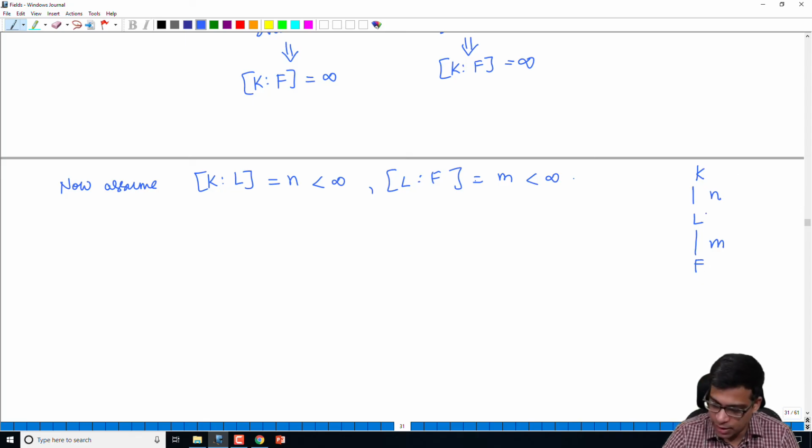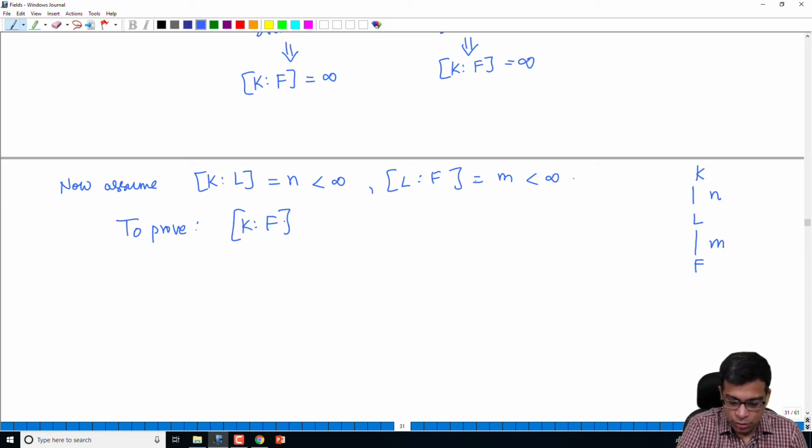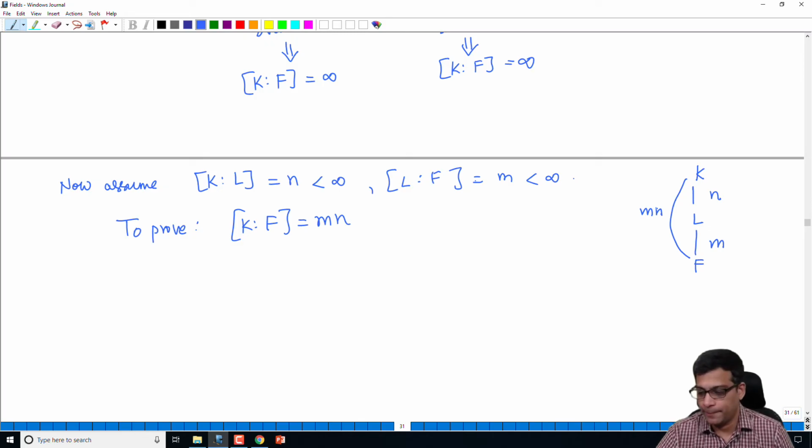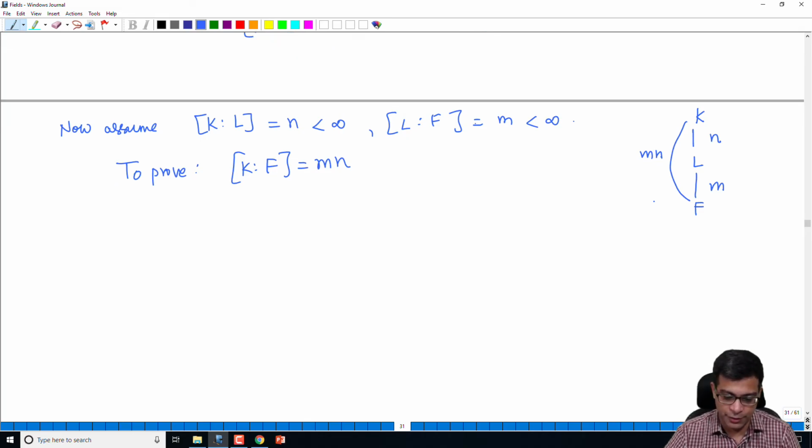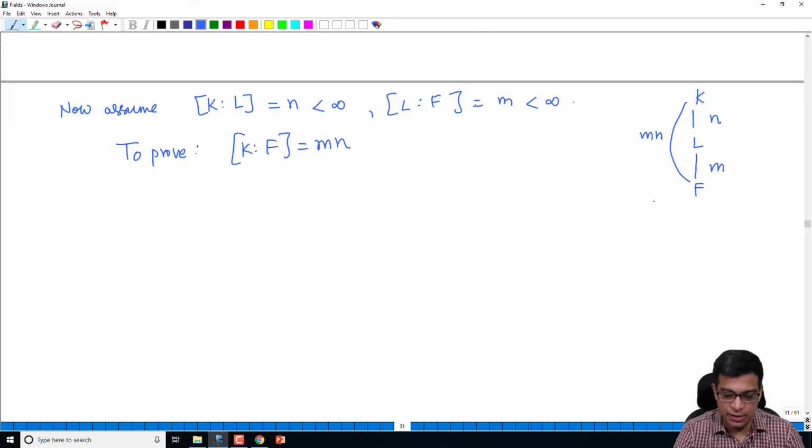So this is N and this is M. So we want to prove K colon F is Mn. Okay, this is actually very simple but very useful observation that constantly we use in the rest of the field theory course or any problems that you solve in field theory. This is a very important observation. Okay, so this is, as I said, not difficult at all.